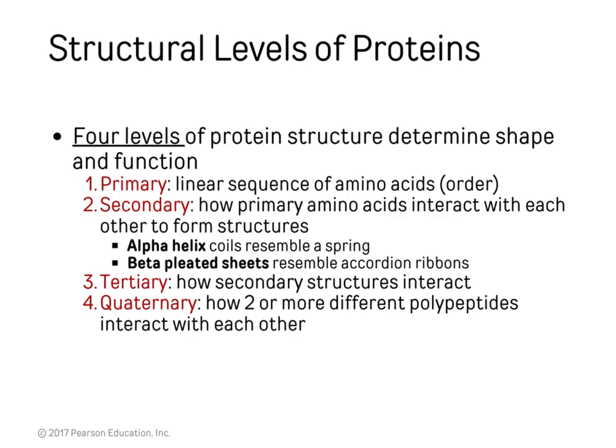To look at the structural levels of proteins, we're going to look at them all together first. The 4 levels are very simply numbered 1, 2, 3, 4, or primary, secondary, tertiary, and quaternary. The primary level of organization is just the linear sequence of amino acids. What order are the amino acids in? The secondary level is when that linear sequence starts to take on shapes, like a helix or a pleated zigzag sheet.